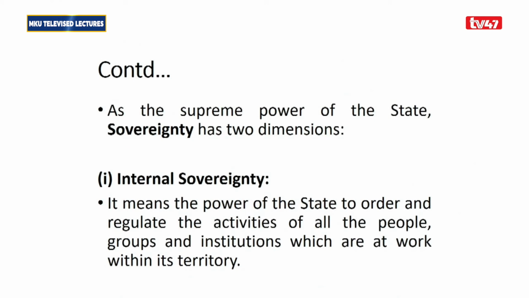As the supreme power of the state, sovereignty has two dimensions: internal sovereignty and external sovereignty. Internal sovereignty means the power of the state to order and regulate the activities of all the people, groups, and institutions at work within its territory.